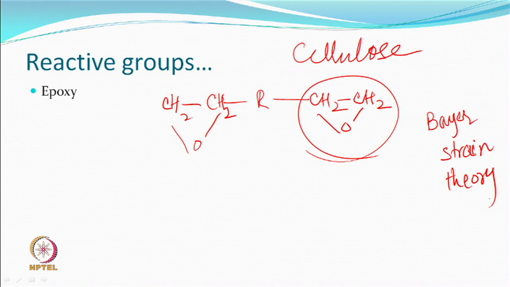So, what will happen obviously is this 3-membered ring is going to break up and theoretically can react with cellulose.